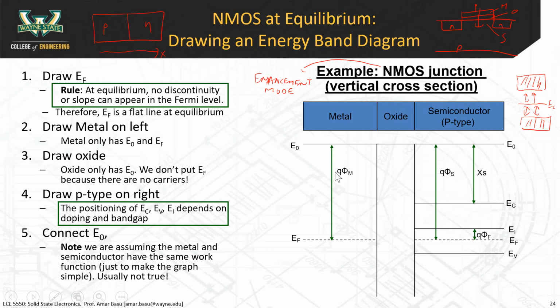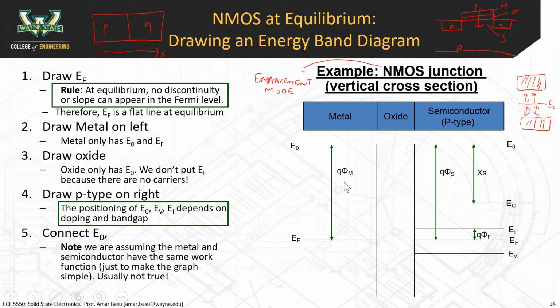But what if phi m is not equal to phi s? If phi m were not equal to phi s, you could end up having some bending in the band diagram even when you don't apply a potential. If this side of the band diagram moves up, then you'd have some downward bending. And in the other case, if this side moved down, so if phi m was less than phi s, then you'd have a downward bending here, and you would not have a flat E0 band.